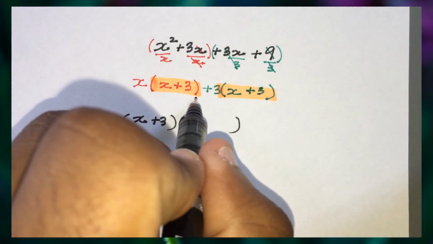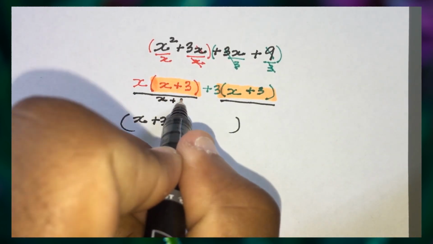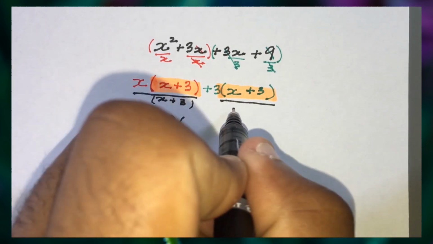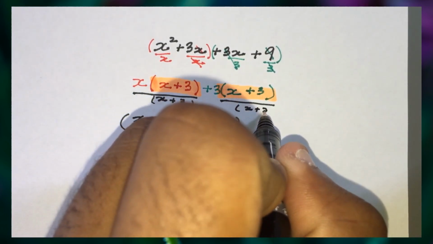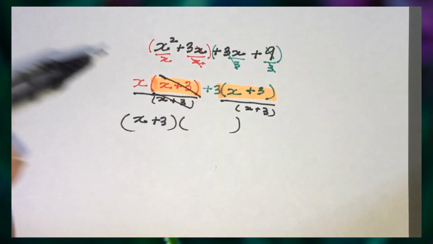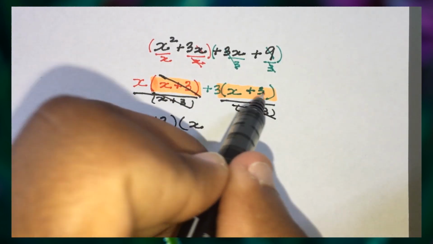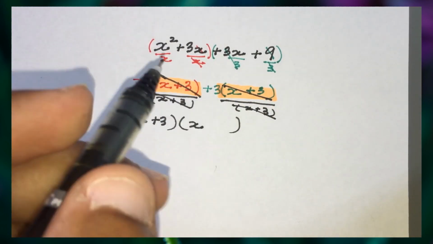And I'm going to divide both of these terms by the bracket x plus 3. So I'm just dividing by what is common. So this will cancel this, leaving us with just x. And this will cancel this, leaving us with just plus 3.